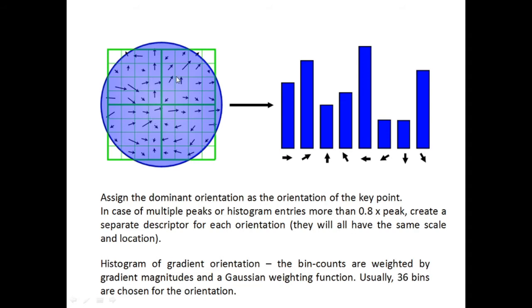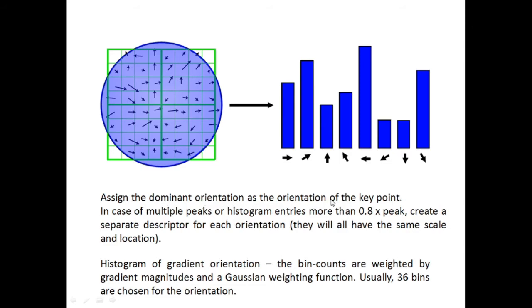So this entire region has many boxes, and each box shows its own particular direction, like north, west, northeast, south, southeast, like that. All these are transformed into a histogram graph. These are the number of counts in this direction, and these are the number of counts in this direction. The number of boxes orienting towards the west side is higher here. That is what this graph is showing us.